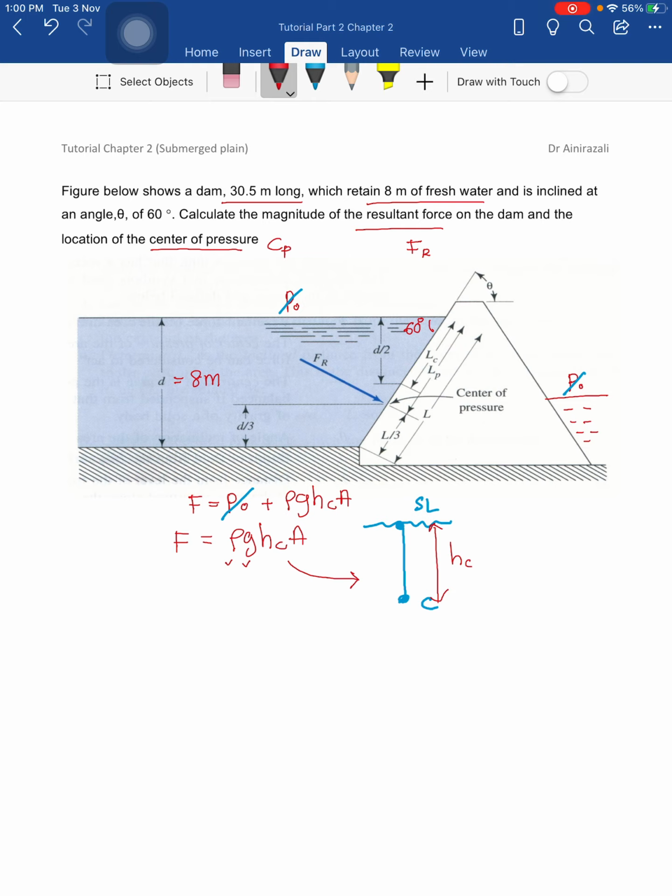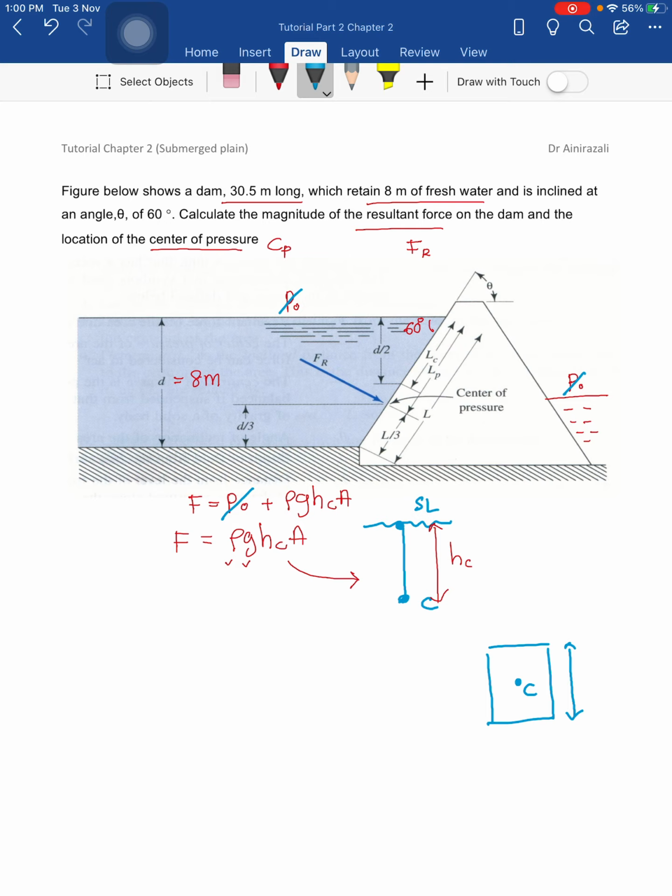For this case, the dam is a rectangular shape, so this is the rectangular shape of your dam. The center is for sure at the middle of the dam, which means half of the depth, vertically to the surface of the liquid.